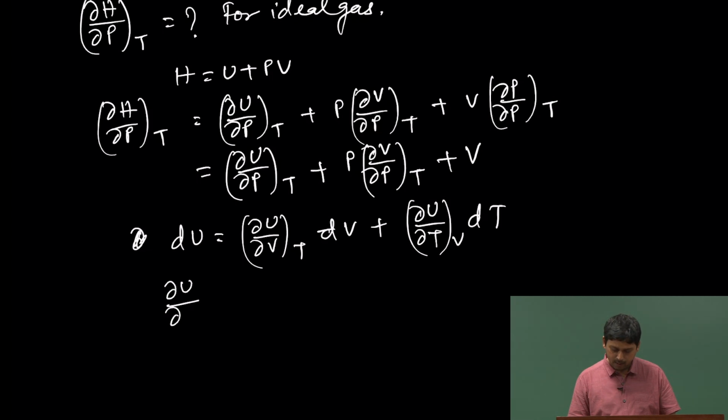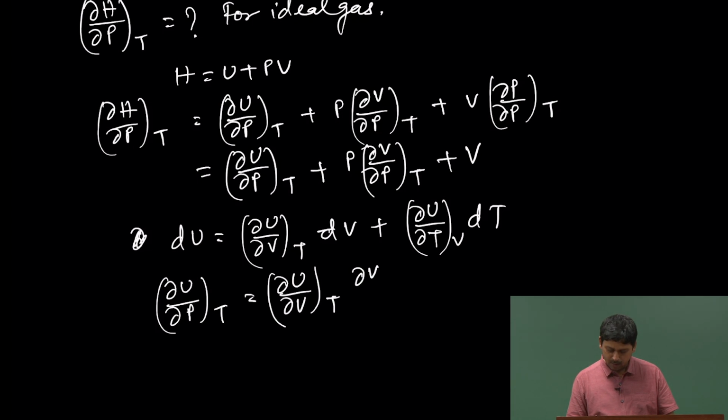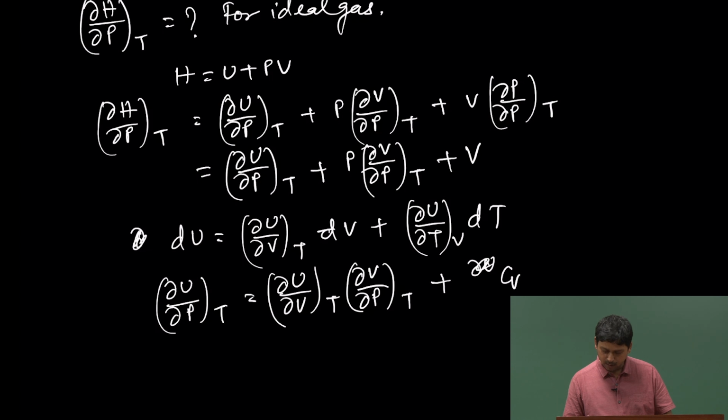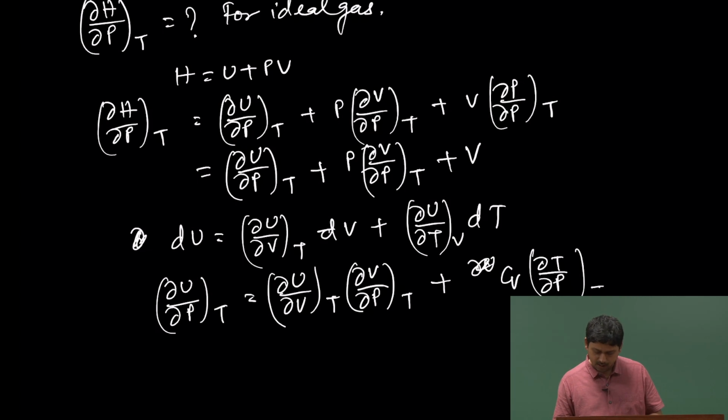So, del U by del P T is del U by del V T del V by del P T plus del U by del T V, which is Cv, times del T by del P at a constant temperature.